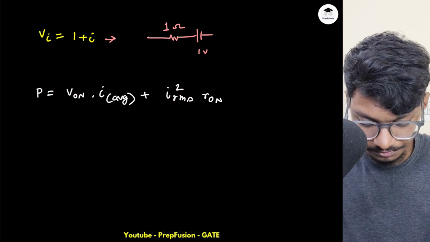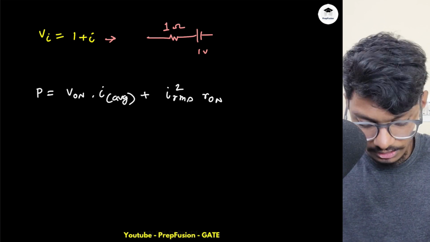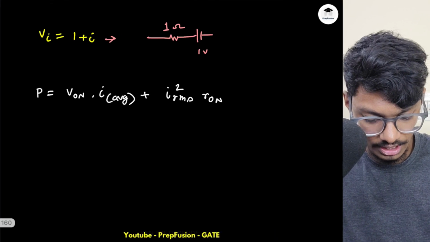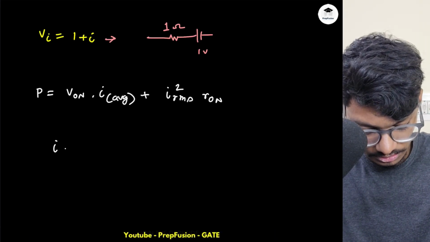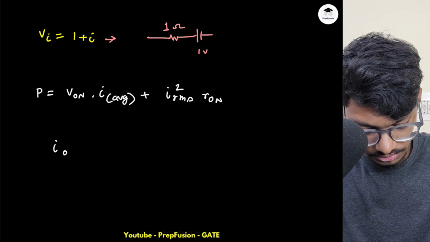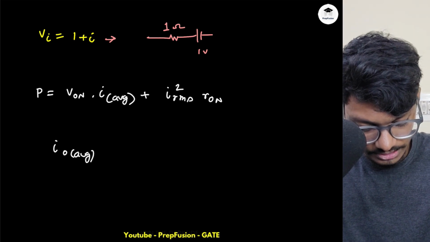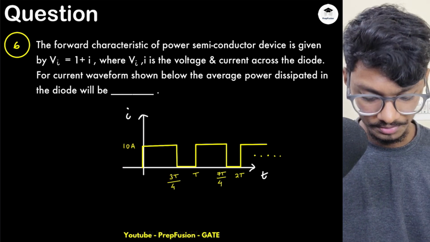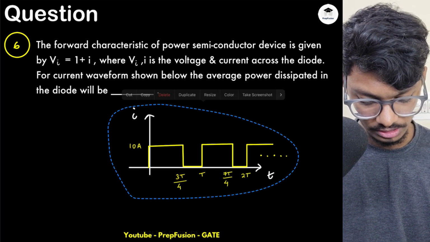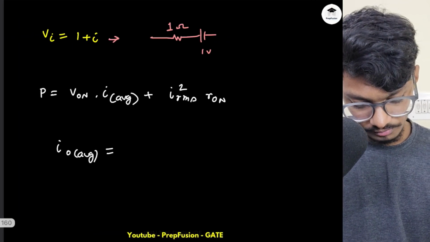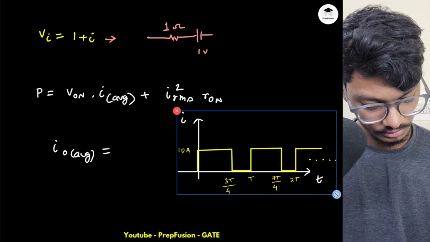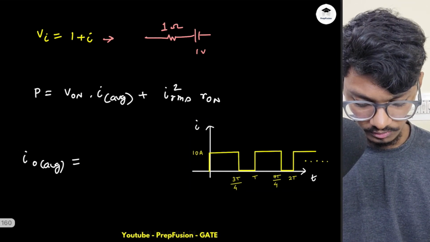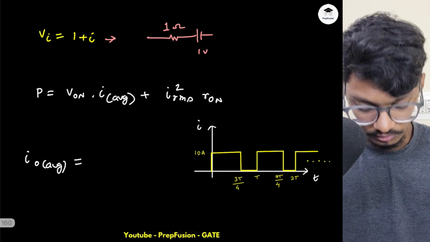Okay, so now let's put the values and find out. What is the average current in this? I O average is basically the area under one cycle. So I will just copy this graph and compute the I O average. I O average means the average of the area under one time period.